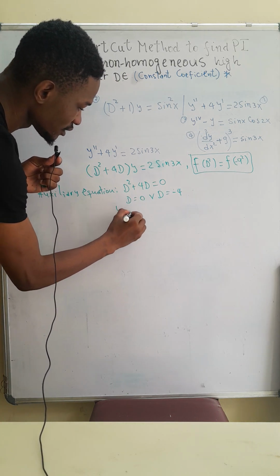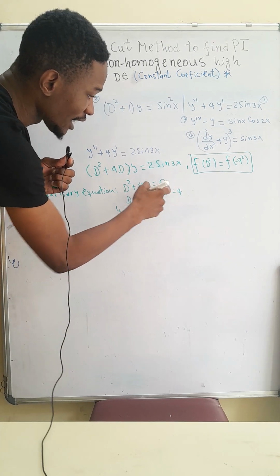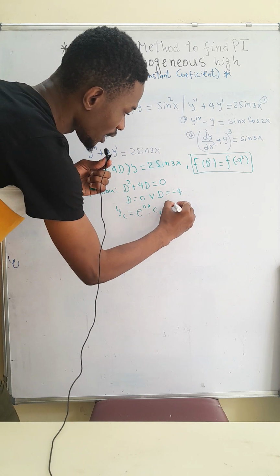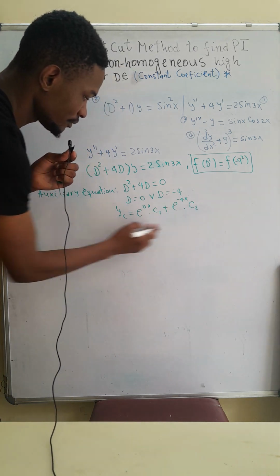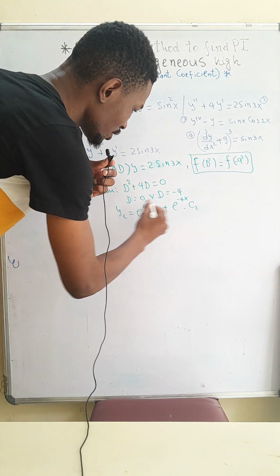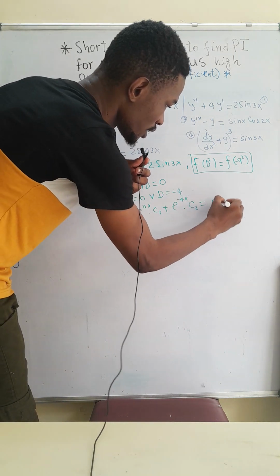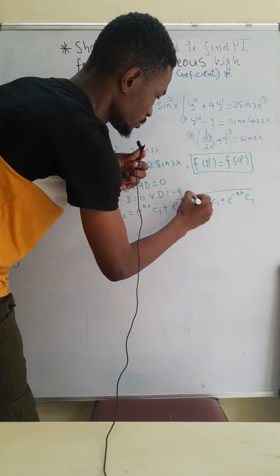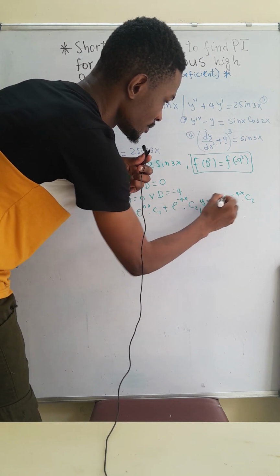These are two roots, different and real. So yc is Euler raised to 0x times c1 plus Euler raised to minus 4x times c2. This is your yc, which is important, but not that important for us.